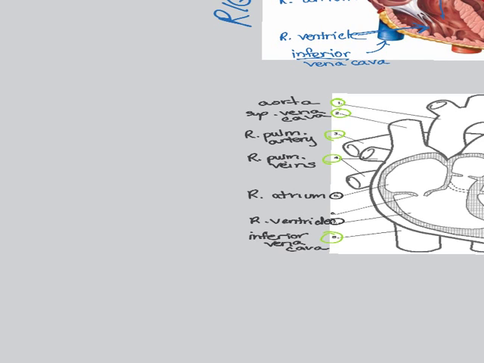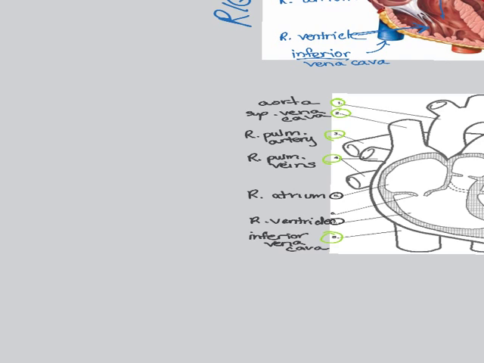So we actually have two sets of these valves. You have the ones between the atrium and ventricles, and those are on both sides. And then you have the one between the ventricle and whatever comes next, either the pulmonary arteries or the aorta, okay? And in all cases, they're making sure the blood is flowing in only one direction.